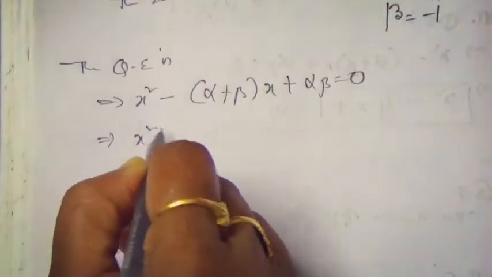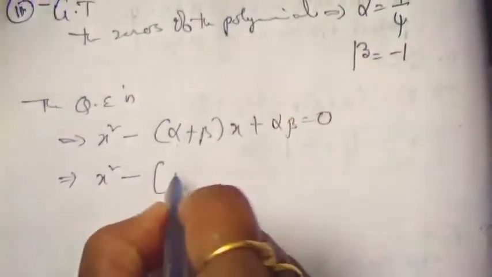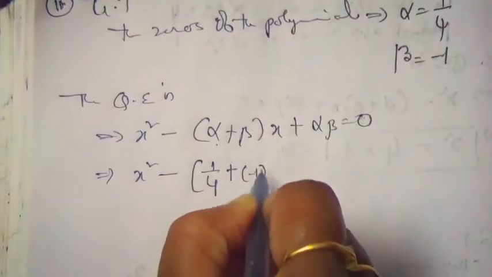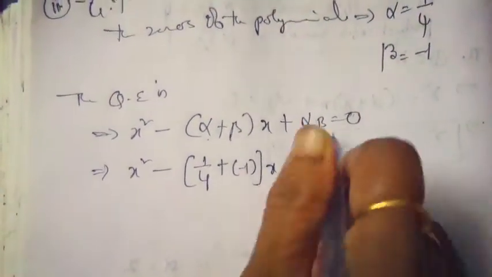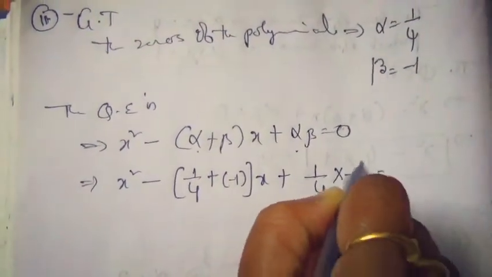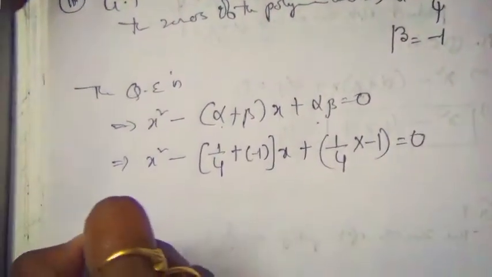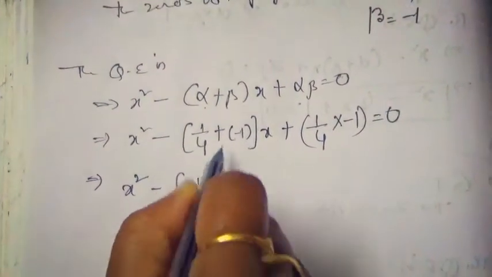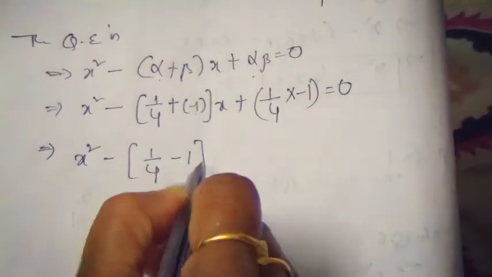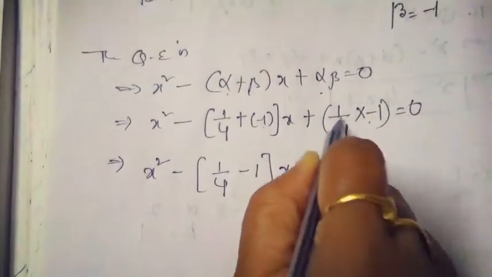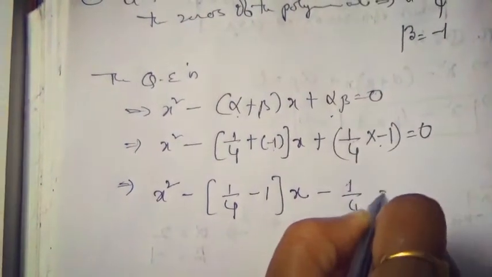That implies x square minus (alpha value is 1 by 4 plus beta value is minus 1) into x plus alpha value 1 by 4 into minus 1 is equal to 0. That implies x square minus (1 by 4 plus of minus 1) into x plus of minus 1 by 4, that is equal to 0.